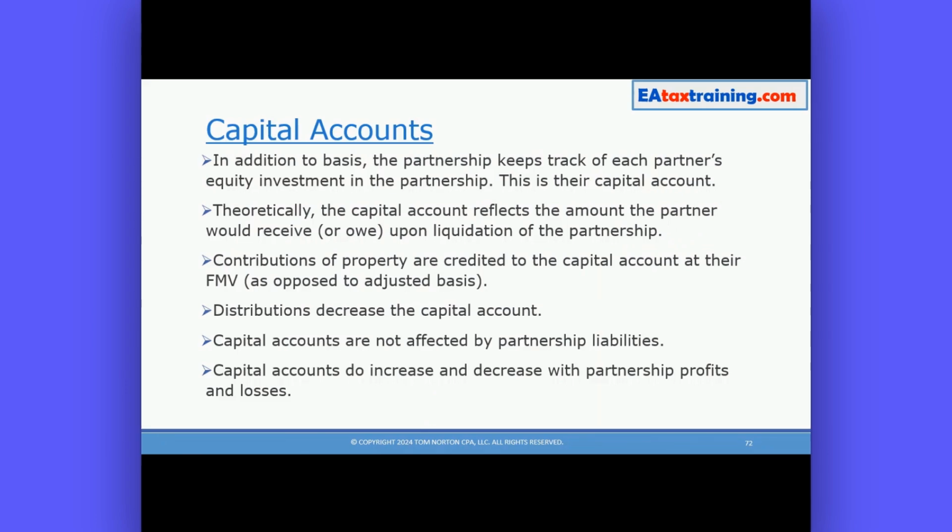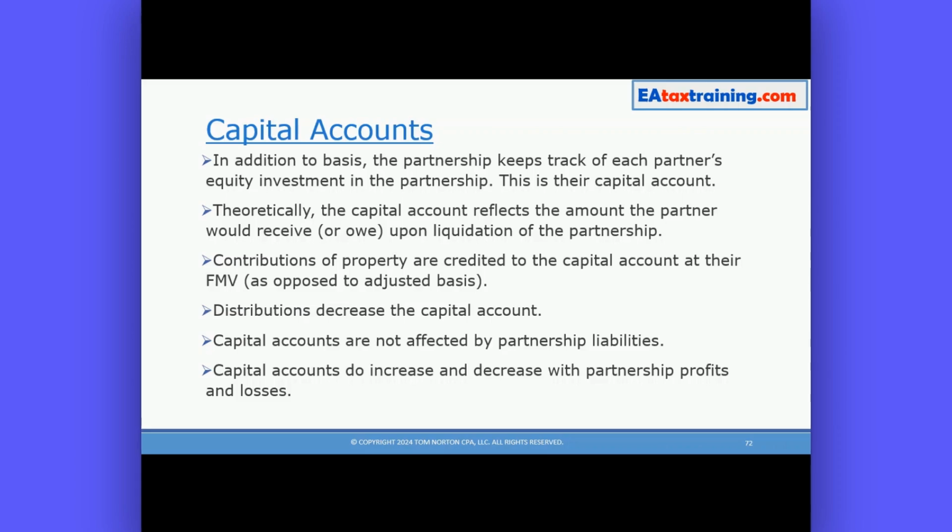So if they contributed something other than cash, like a building, they would only get basis for their adjusted basis in that building or whatever other property it is. For purposes of the capital account, their contributions are treated at their fair market value.